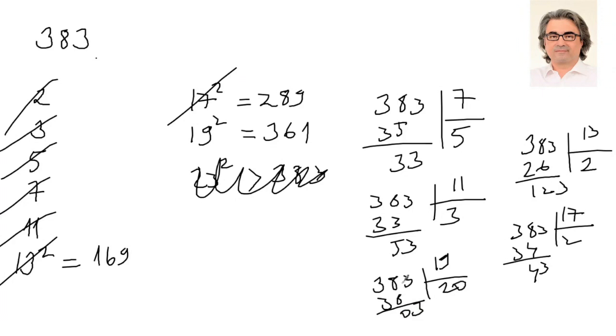It's not divisible by 19. 383 is not divisible by all these prime numbers from 2 to 19. It means 383 is a prime number. Right here the result. It's prime.